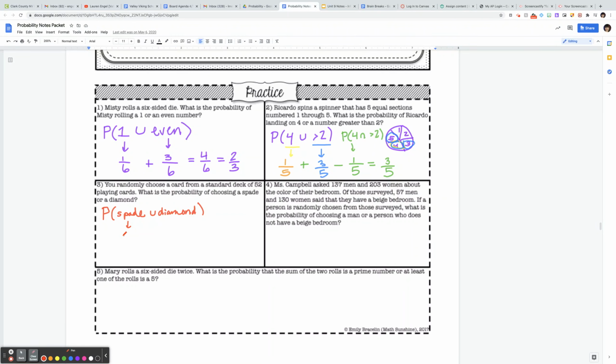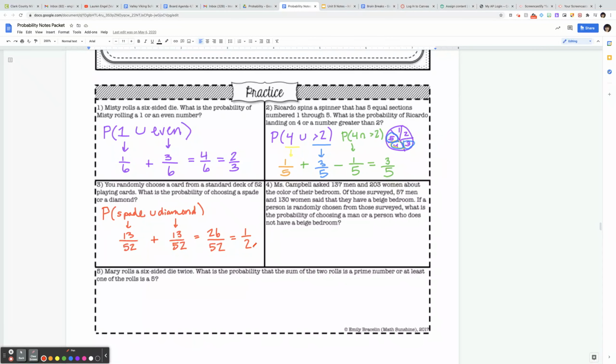Ace, 2, 3, 4, 5, 6, 7, 8, 9, 10, and then Jack, Queen, King. So 13 out of 52, and it'll be 13 out of 52 for each of these. So all I'm going to do is add these together. 13 plus 13 is 26. So I have 26 over 52, which does reduce to 1/2 if you wanted to reduce that.